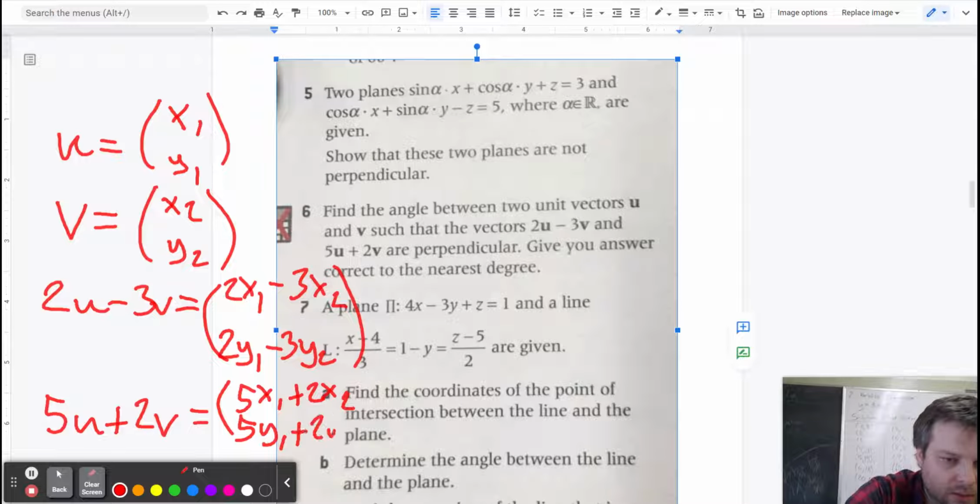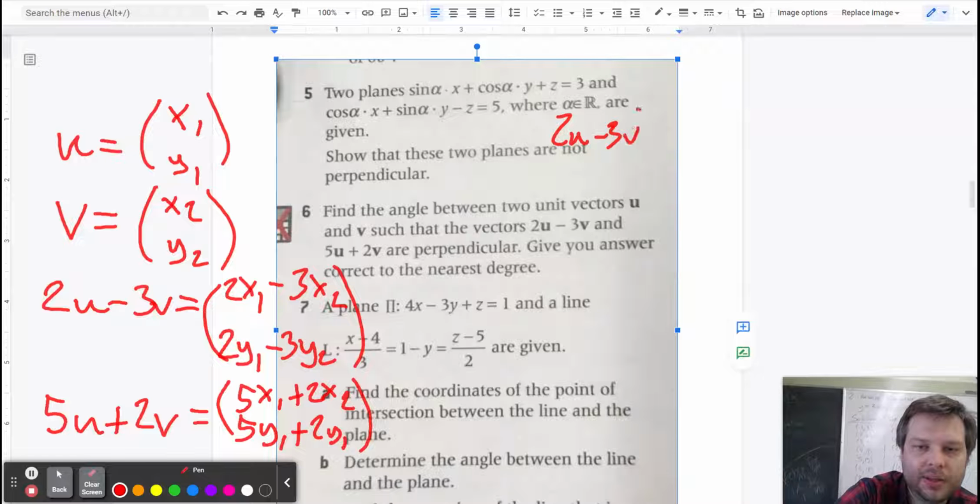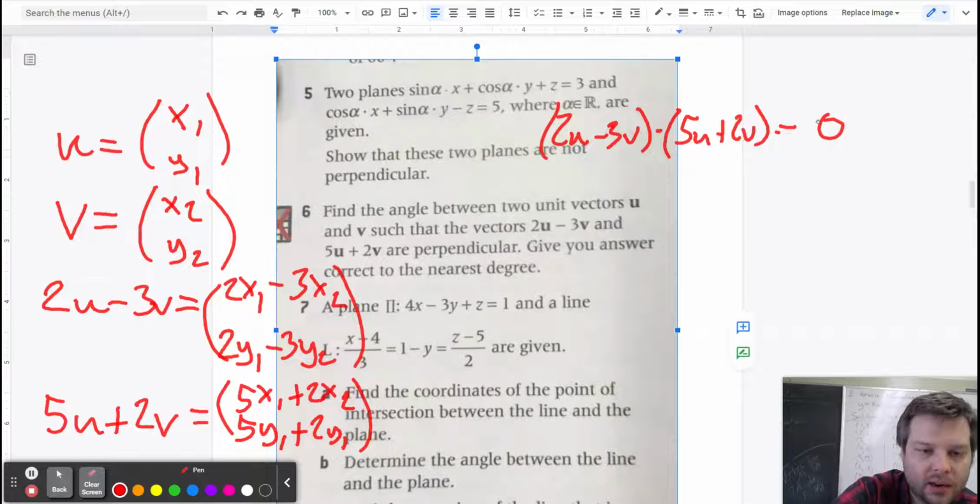5y1 plus 2y2. And when we know that things are perpendicular, that means when we take their dot product, we get 0. So dotting that all out, okay. So what do we have?